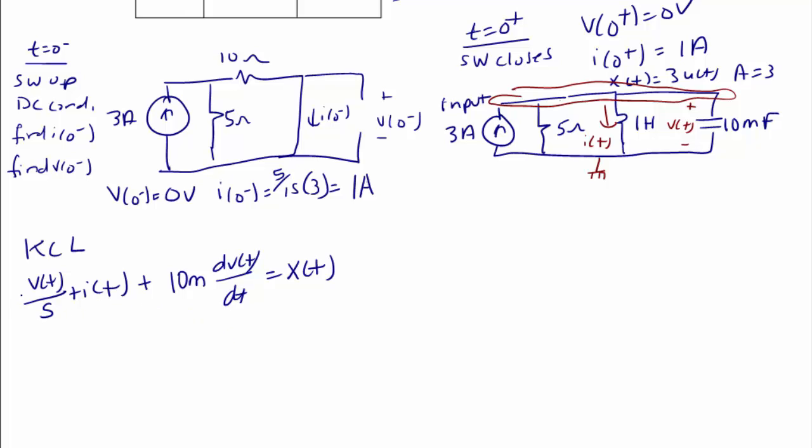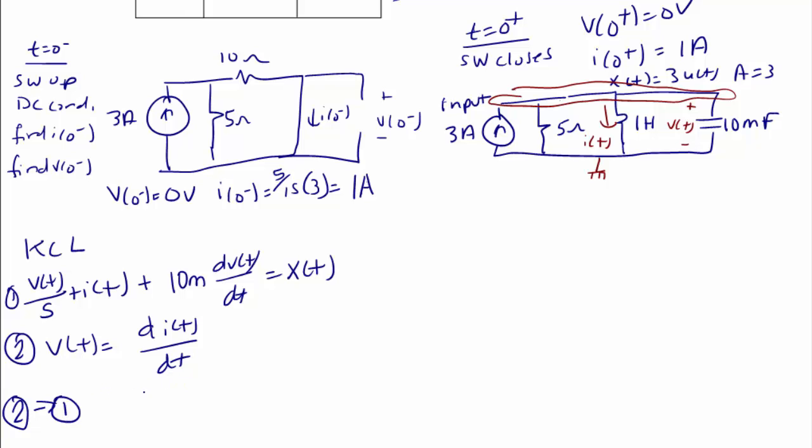The second equation will be a relationship between I of t and V of t. The voltage across the inductor, V of t, is equal to L di of t dt, but L is 1, so it's going to be d I of t dt.